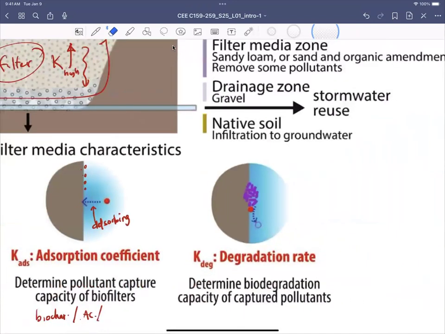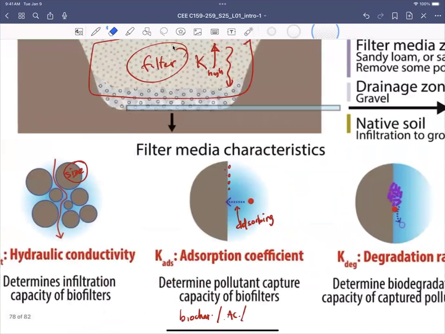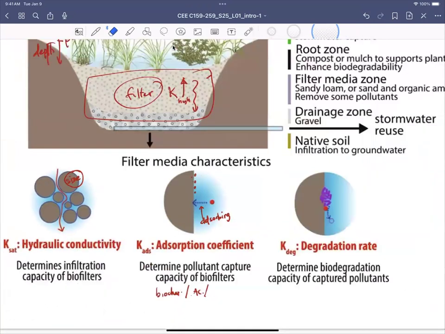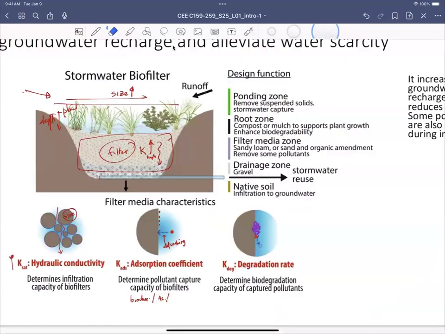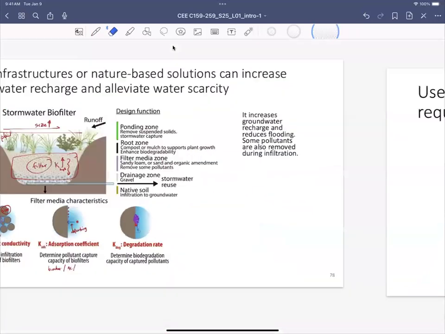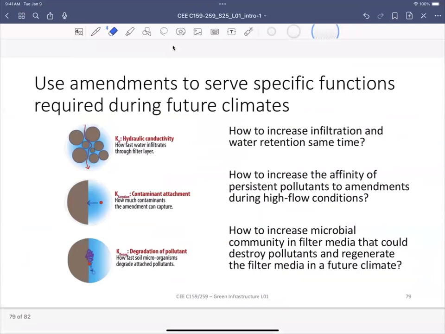So again, just by controlling the microbial community, absorption capacity, and hydraulic conductivity, you can improve the treatment capacity of stormwater infrastructures. So this is what I mentioned: control the hydraulic conductivity, control the absorption, control the degradation.